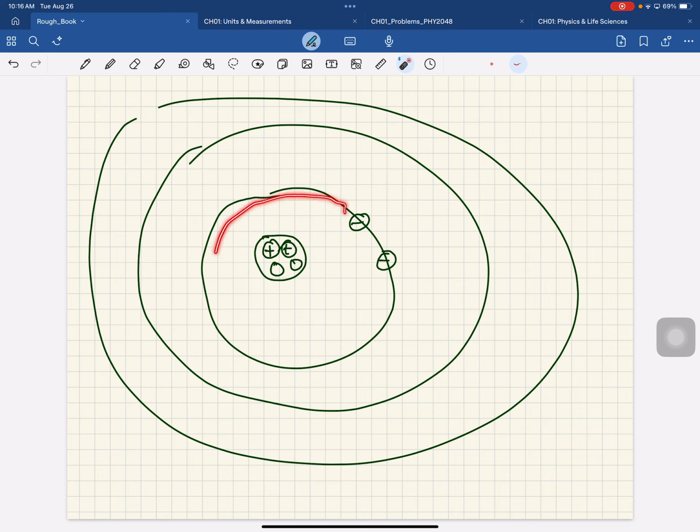So these are the allowed energy levels. It's got an infinite number of these levels. So there's the helium atom in the ground state. Now, what you can do is you can excite this helium atom. If you shine a light, this is a particle of light called a photon.